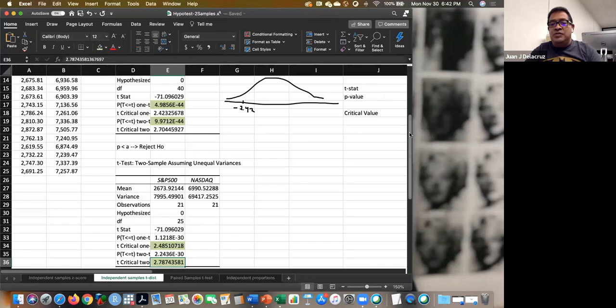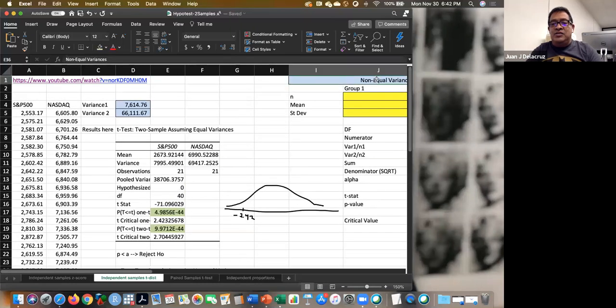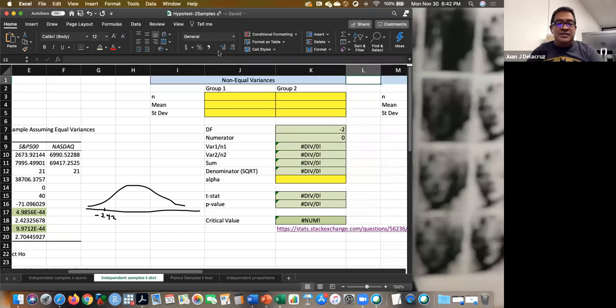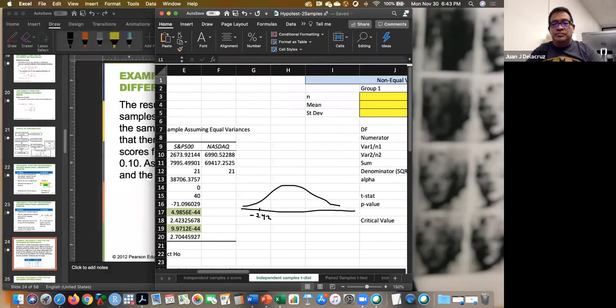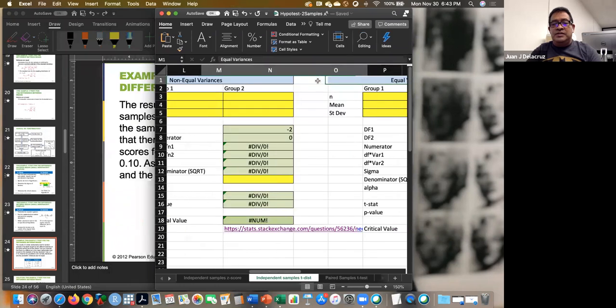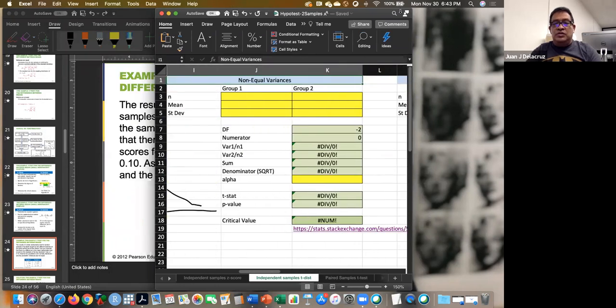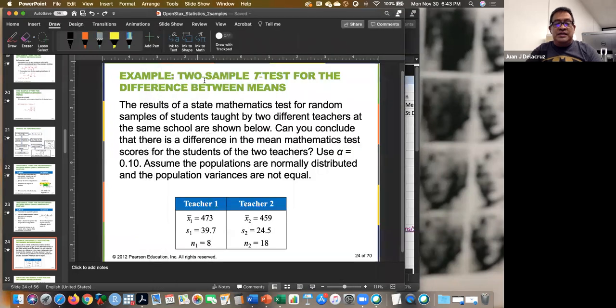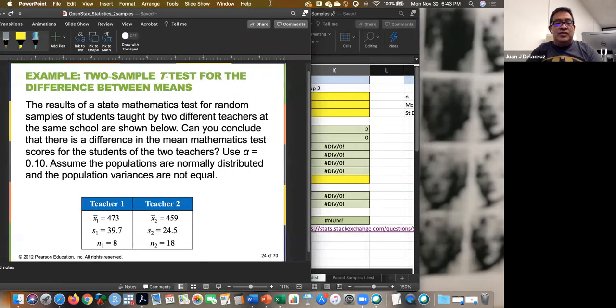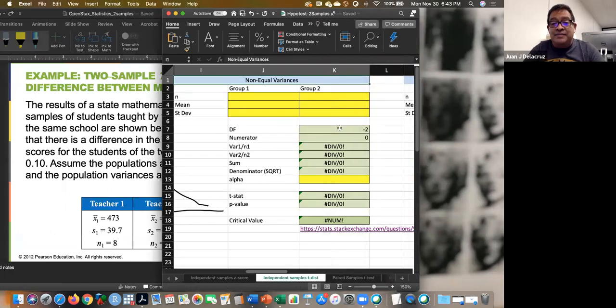So let me show you how we do this in Excel using the data that the book provides. So let me go back to the example. So the example that we're going to use basically is here. Example 2 sample t-test for the difference between means. So I made this, as you can see, this is a formula, and those are formulas, right?